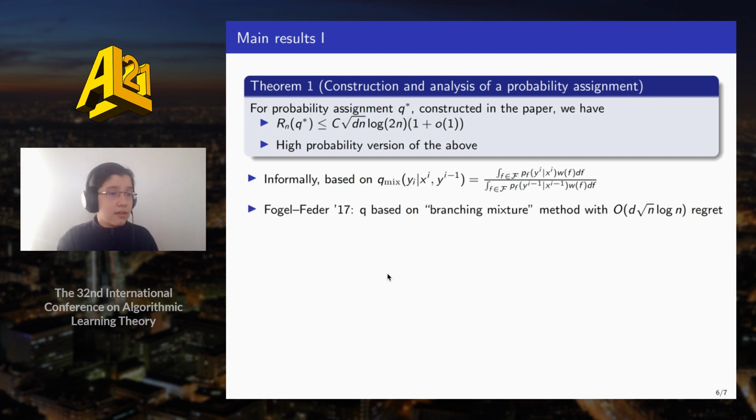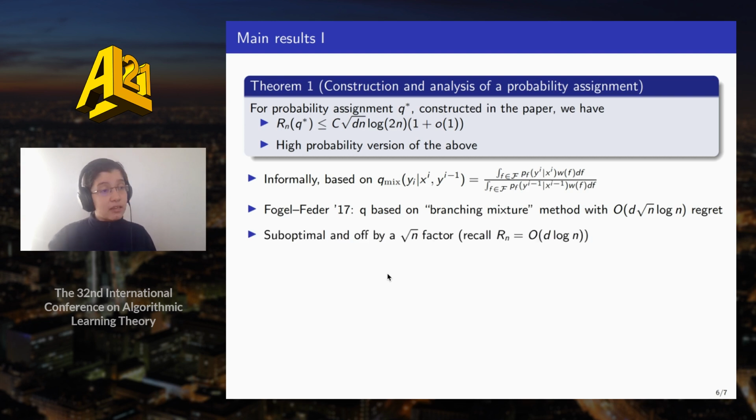And their method also achieved a square root of d n log n regret. Right. So, however, both of these assignments are clearly suboptimal and off by a square root of n factor, considering the upper bound that was achieved by using the sequential complexities method, which tells us that R_n is at most order d log n. So there must be a probability assignment that achieves that regret.